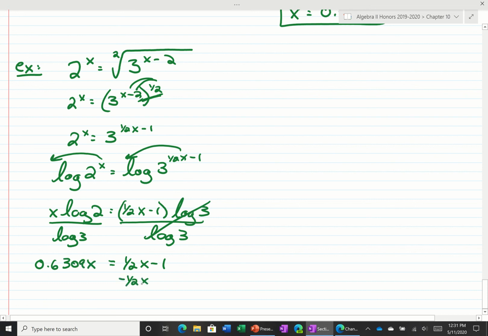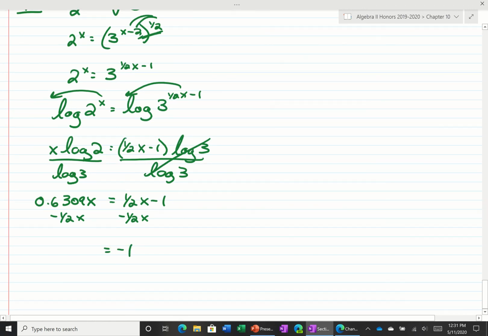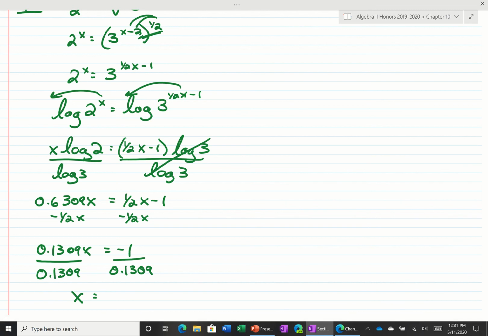Bring this 1/2 over. And we get 0.1309x. And we can divide both sides by the number in front of x, just like we usually do. It's a little sloppy because we have decimals, but it is what it is. We'd get x is equal to -1 divided by 0.1309, and the answer would be -7.6394.